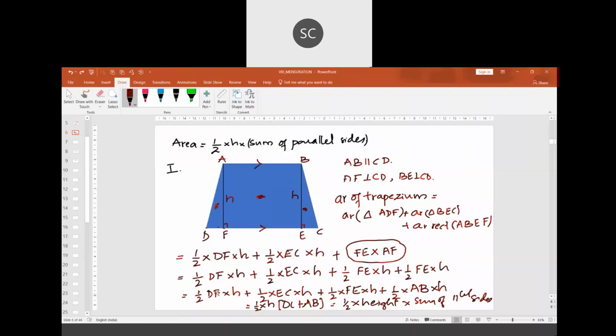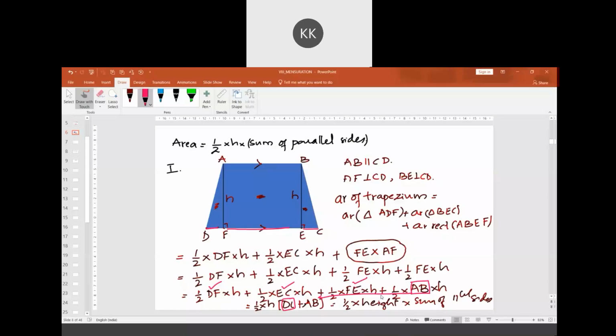This DF added to FE added to EC is nothing but DC, correct? So this particular thing is left out. This is taken as it is. AB is written as it is.